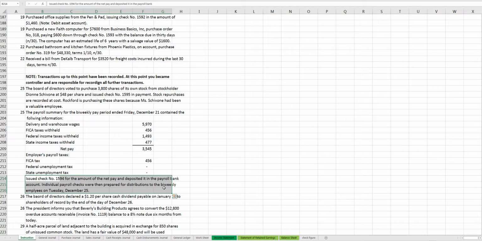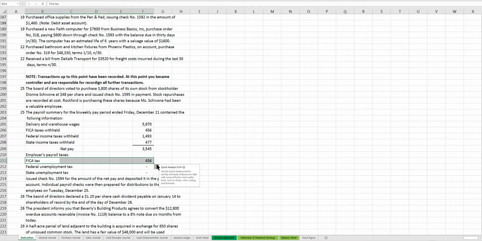We need basically 2 journal entries to record this transaction. One journal entry we're gonna issue a check to pay out salary with some withholding payables, and the other journal entry we're gonna record this employer match, which is a payroll liability.